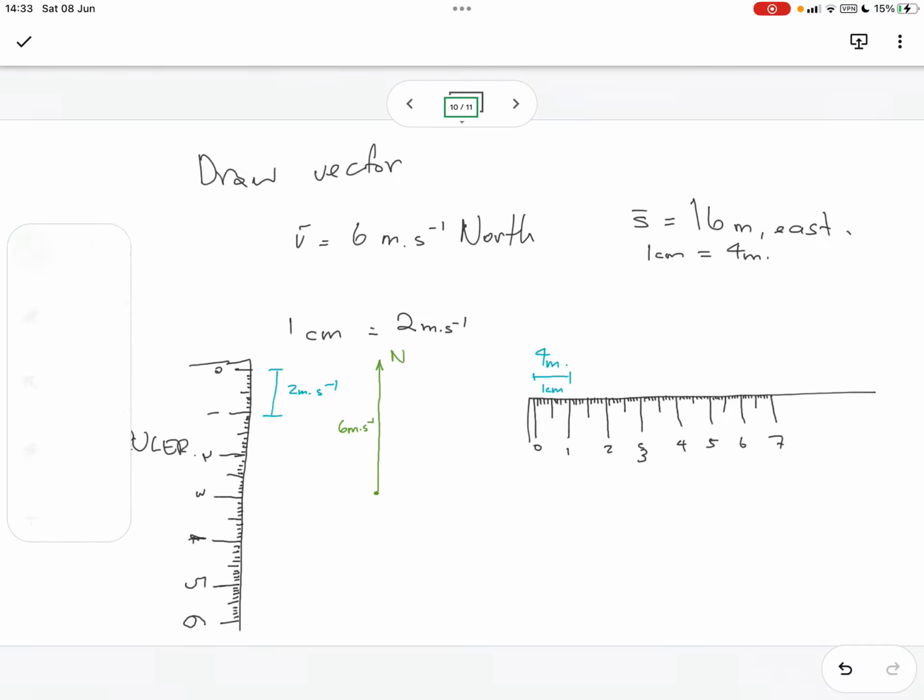Okay, 1 centimeter, 2, 3, 4, 5, 6, 7. All right, and then the scale says we've got 1 centimeter equals 4 meters. In order for us to get to 16 meters, starting here, how far must we count in the direction of east?